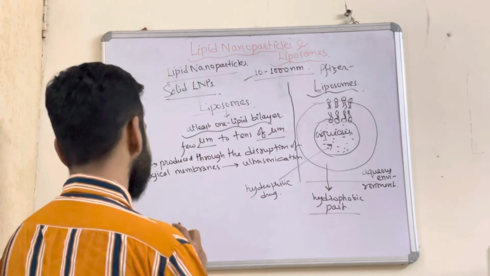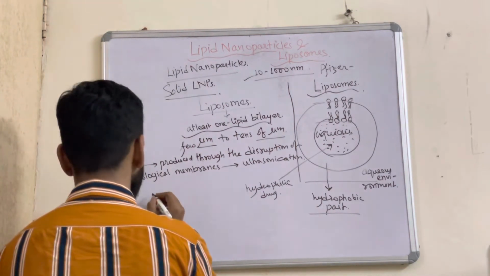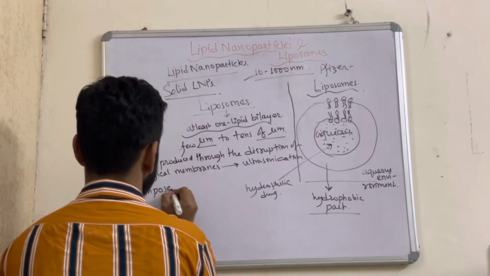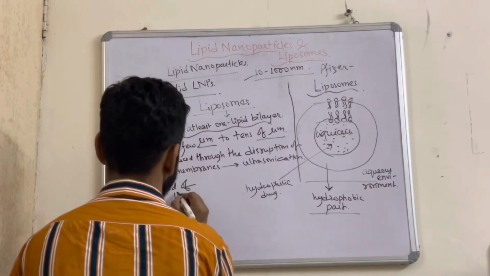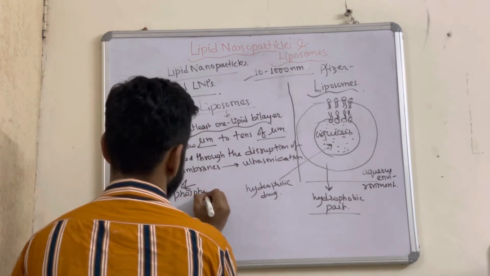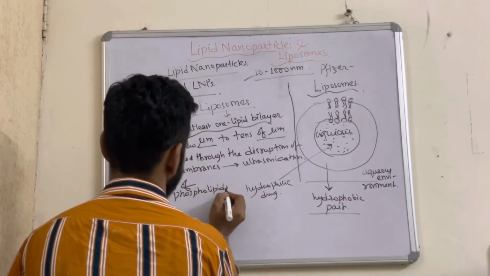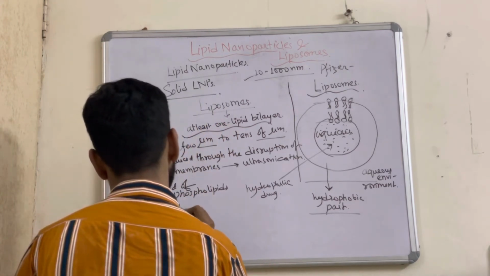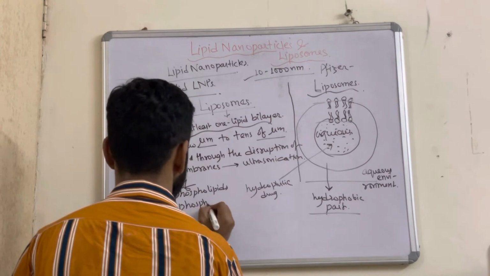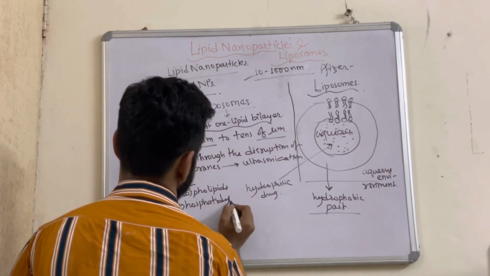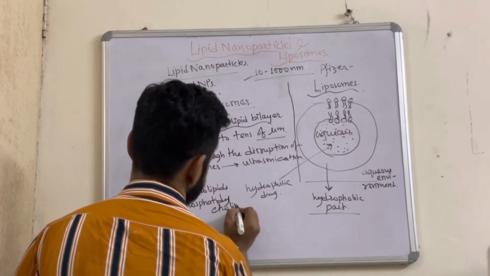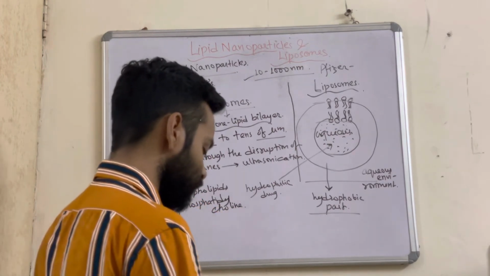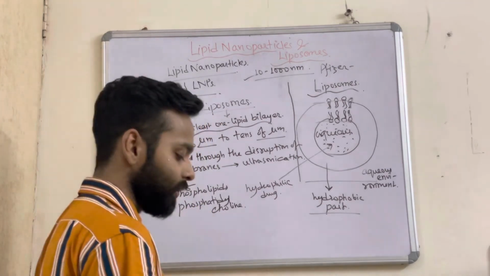These liposomes are mainly composed of phospholipids such as phosphatidylcholine. Liposomes have an aqueous solution core surrounded by a hydrophobic membrane in the form of a lipid bilayer.